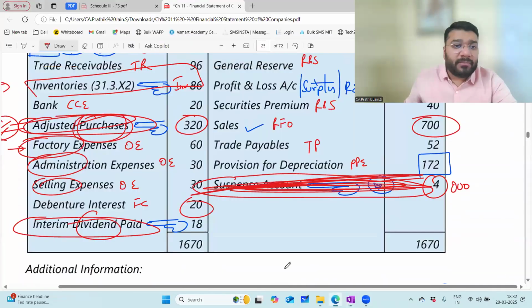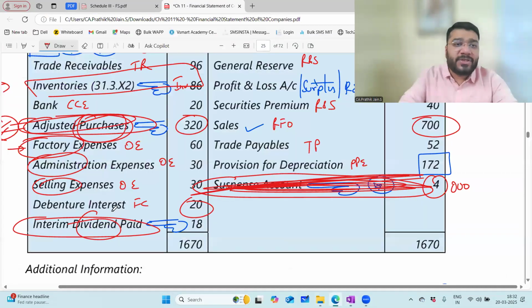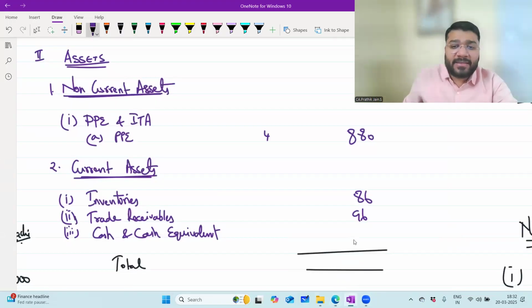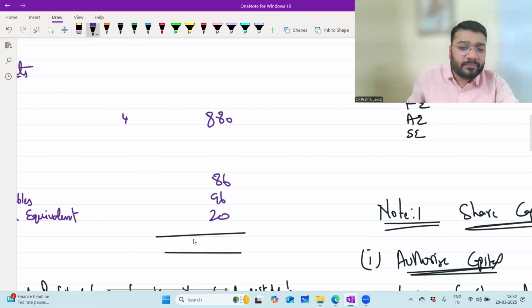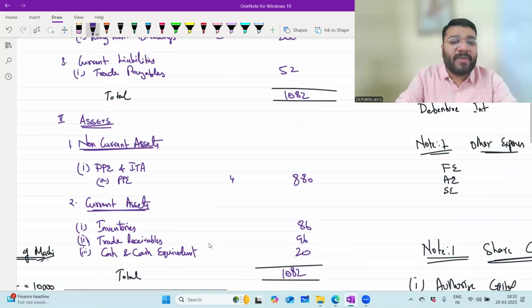Trade receivable, one item. Directly you can record. How much is it? 96. Cash and cash equivalent, only one item, which is cash at bank, 20. That's all. Very simple. Total 1082. Matching, no? It has to match.